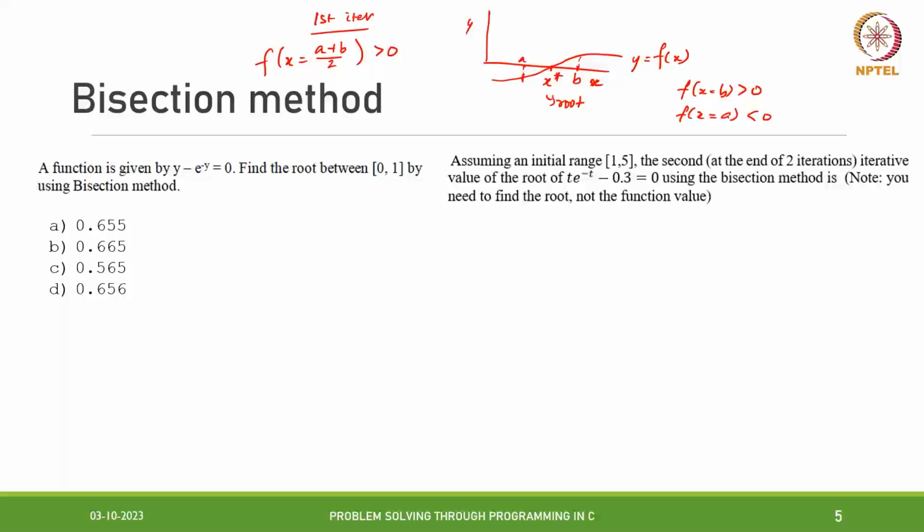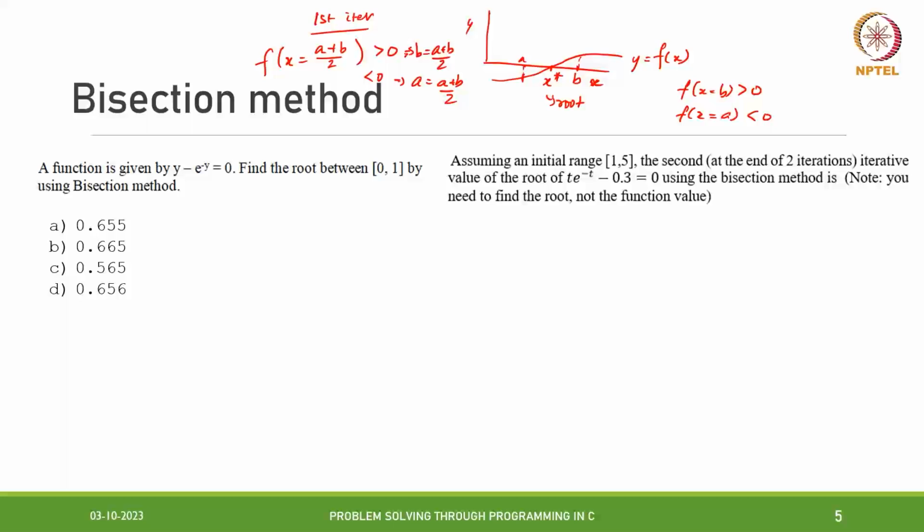If it is positive, then I will replace b with a plus b by 2. If it is negative, then I'll replace a with a plus b by 2. So basically that is what I am doing here.